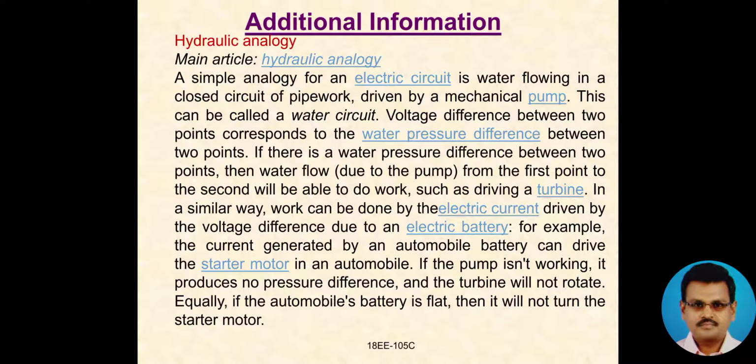We can see in our automobiles we use a battery which is used to start the motor bike. That is only because of the current generated by the automobile battery.